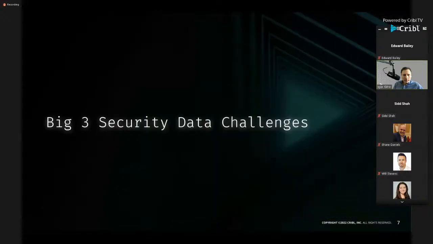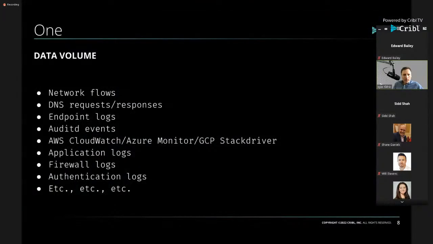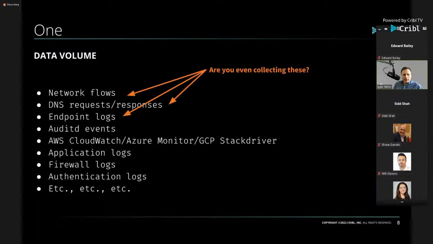All right, so that's why, and we will stop there. We will look at the 3 security data challenges, the most common ones. The first one is data volume. So everybody collects a bunch of data into a security analytics tool, and as you start looking at your data sources, you start with your firewalls, maybe your authentication logs, but when you go up the stack, you will start noticing that some of the data is extremely voluminous.